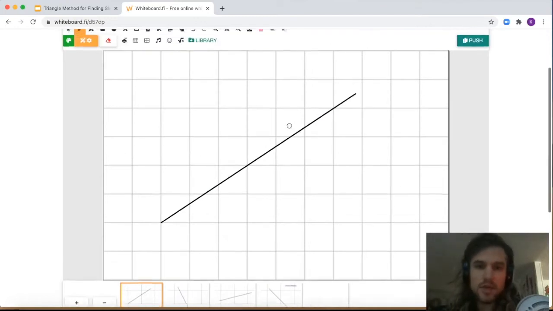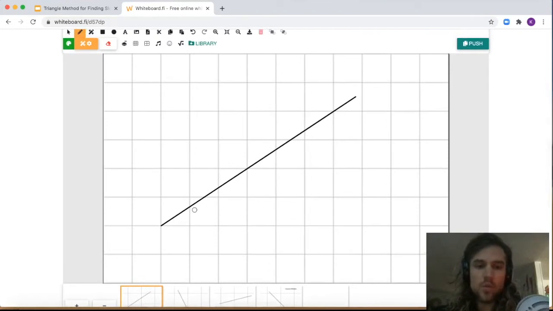So when we're looking to draw a triangle, we want to make sure that we select the right points on the line to draw that triangle from. Now, we want to choose a point like this. You can see that we have our grid here, and there are these grid intersections.